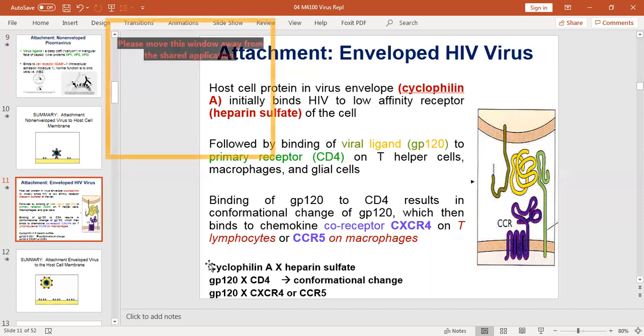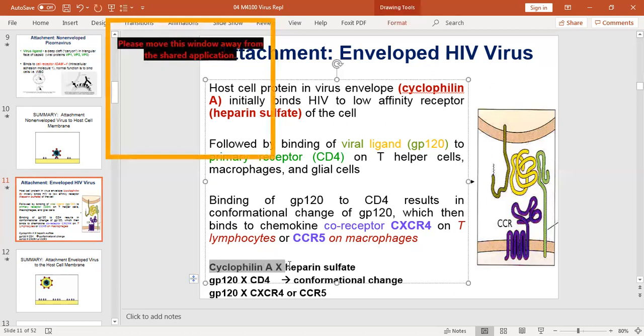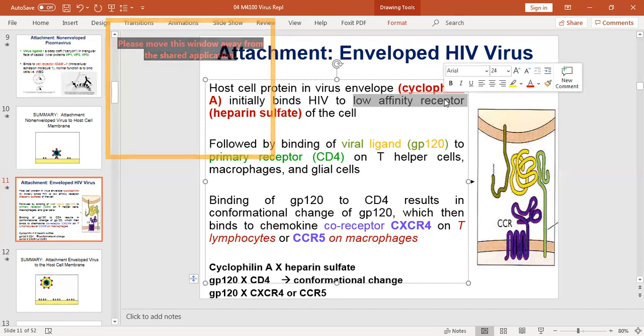So the very initial step is the binding of cyclophilin A to heparin sulfate, as shown at the bottom of the slide. Following this interaction, remember this is a low affinity receptor, heparin sulfate, so it's going to be in abundance.